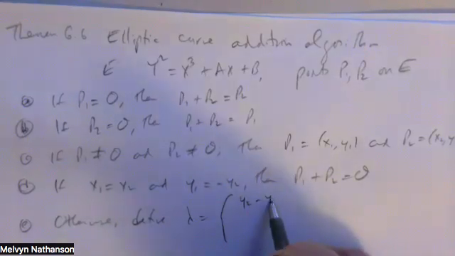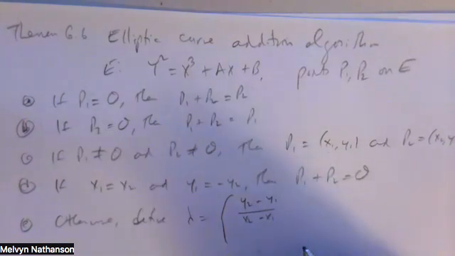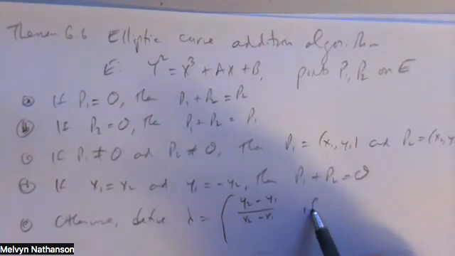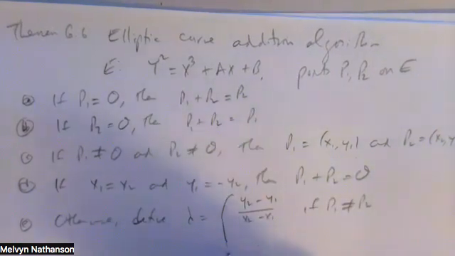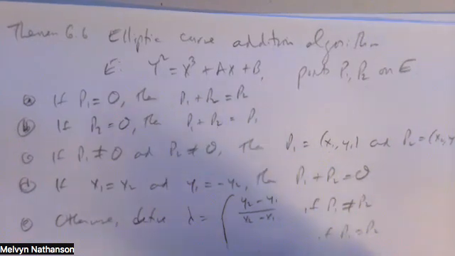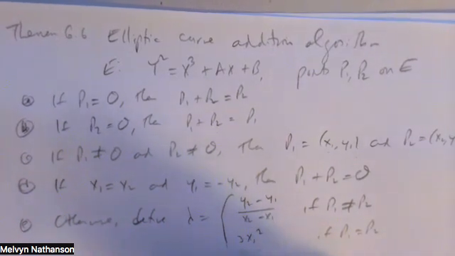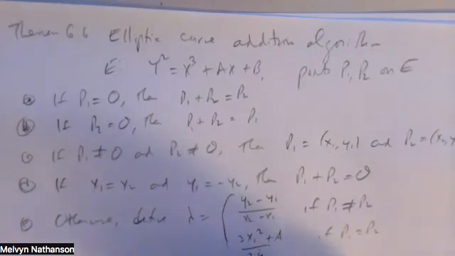It's y2 minus y1 over x2 minus x1. That's like the slope of the line between the two points, when P1 is different from P2. And if P1 equals P2, that is, they're the same point, then you define this to be 3x1 squared plus a over 2y1.